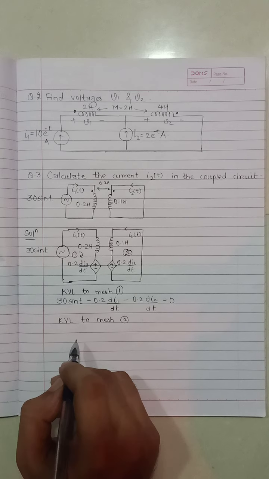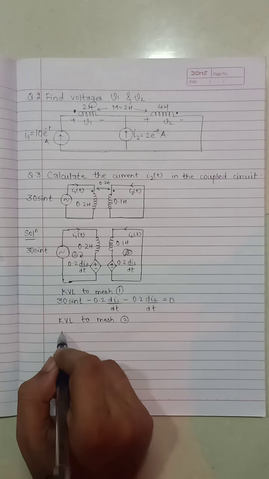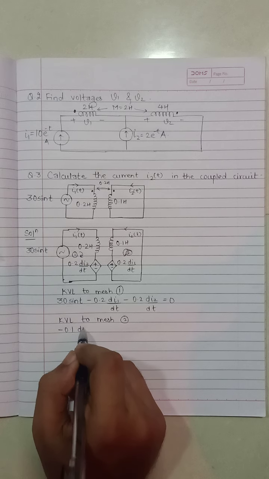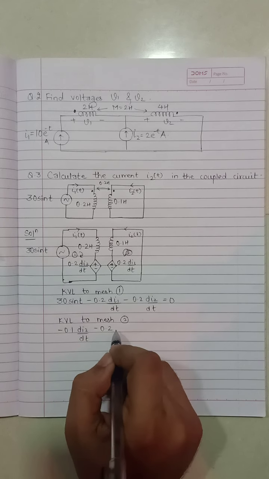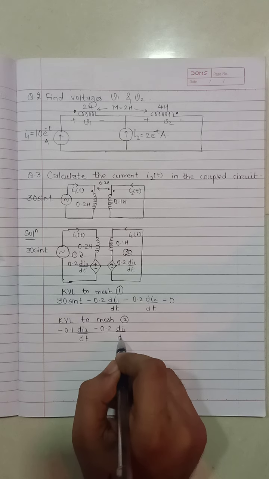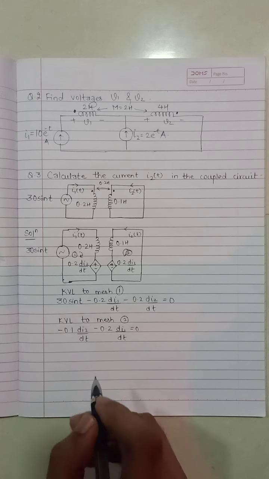So it will give me minus 0.1 di2 by dt minus 0.2 di1 by dt is equal to 0.